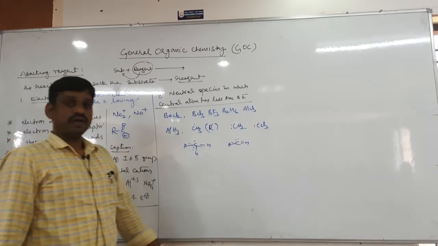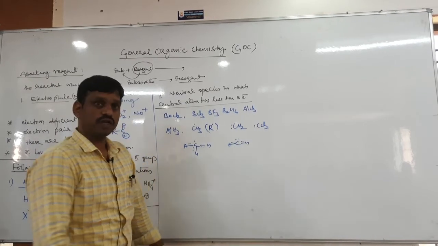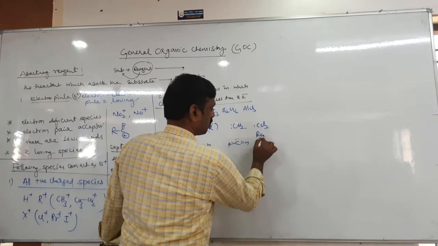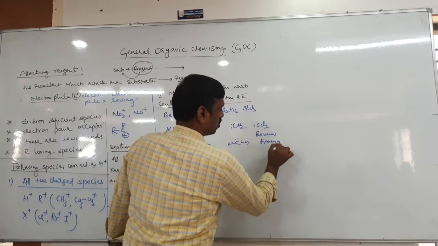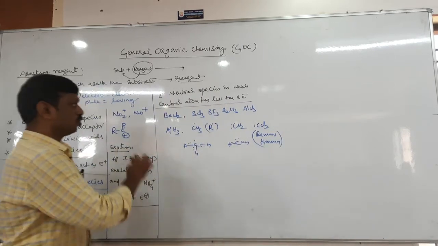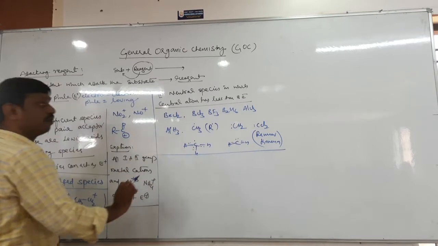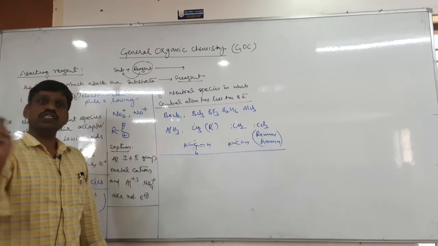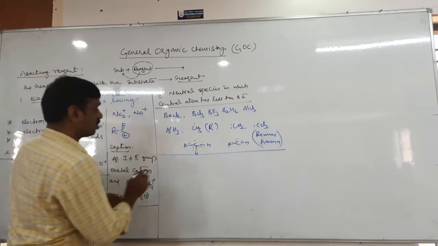So in the Reimer-Tiemann reaction, it is the intermediate electrophile we use. So these are all electrophiles. What is important here is how to remember. Question is very simple: which is an electrophile? That's it.